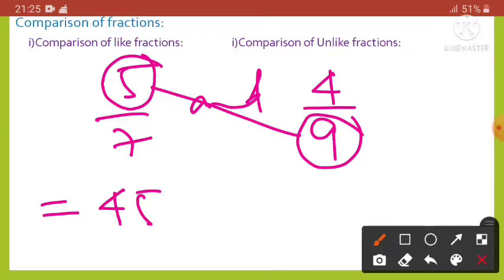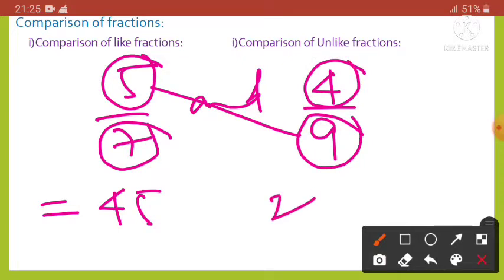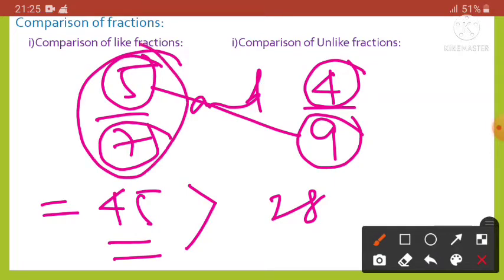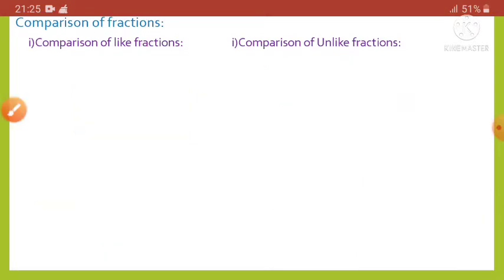Then multiply the denominator of the first fraction with the numerator of the second fraction, so it will be 28. Now check which is greater, 45 or 28. 45, that means the first fraction is greater than the second fraction, that means 5 by 7 is greater than 4 by 9.